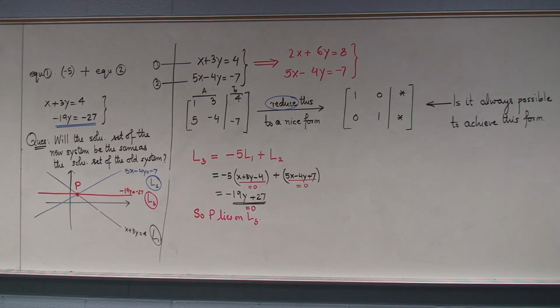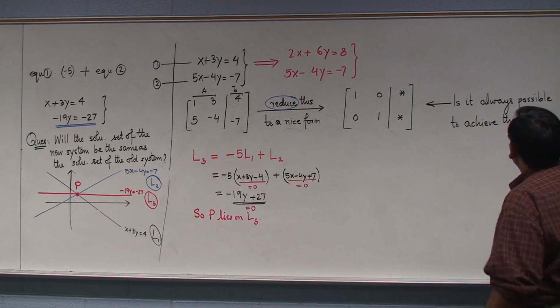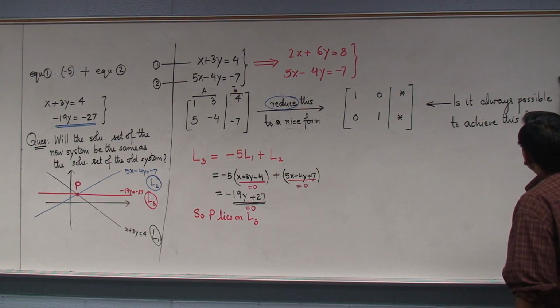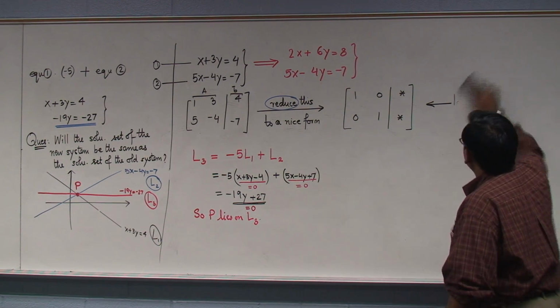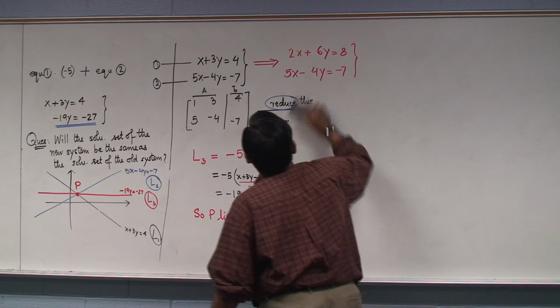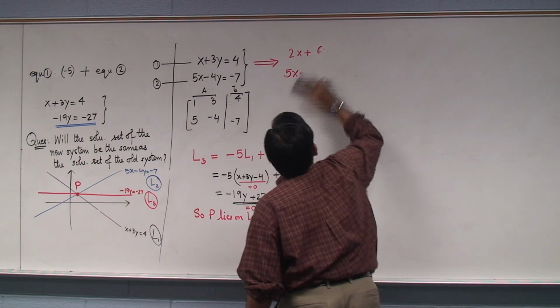So let's see how we are going to now achieve this form. By the way, this form has a name, so let's first understand the terminology, and then we'll worry about solving the system of equations.